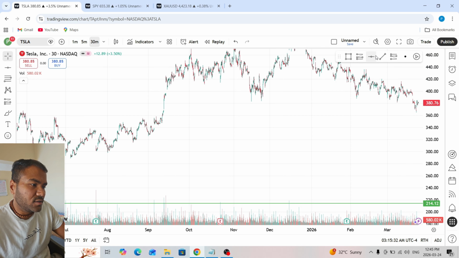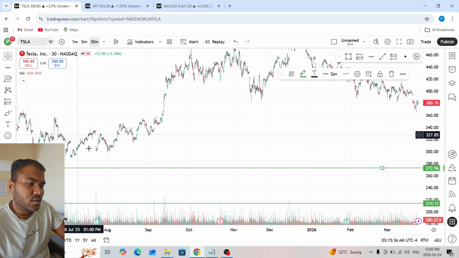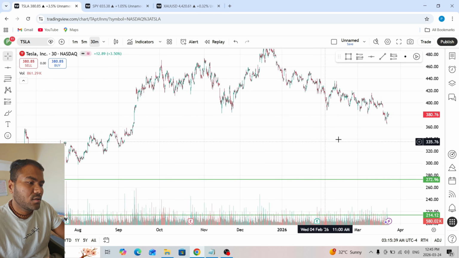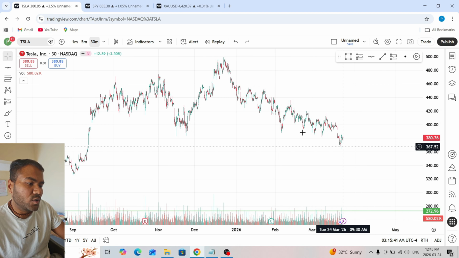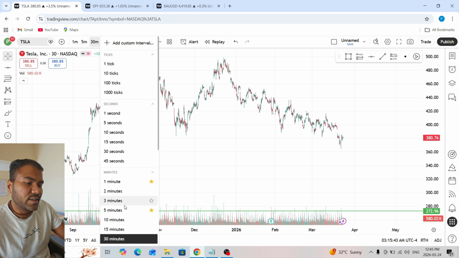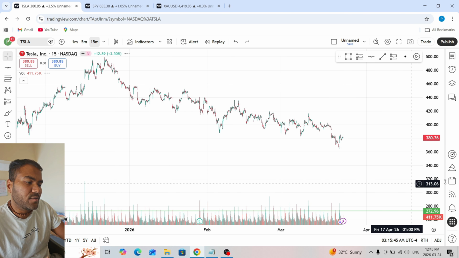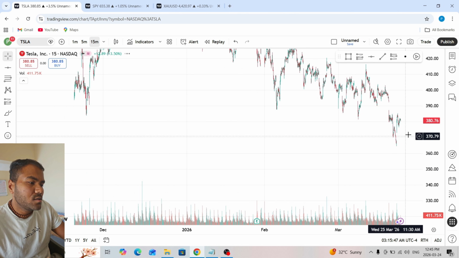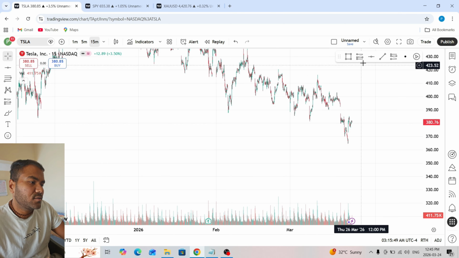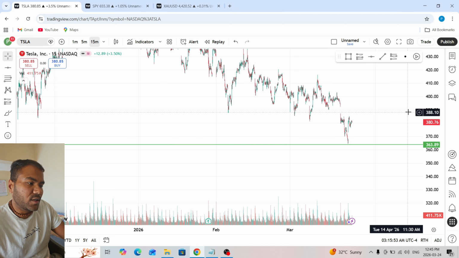Then for 30 minutes, this lower low will be our support line. As we move closer, let's get back to the 15 minutes. So for 15 minutes, this will be our support line.